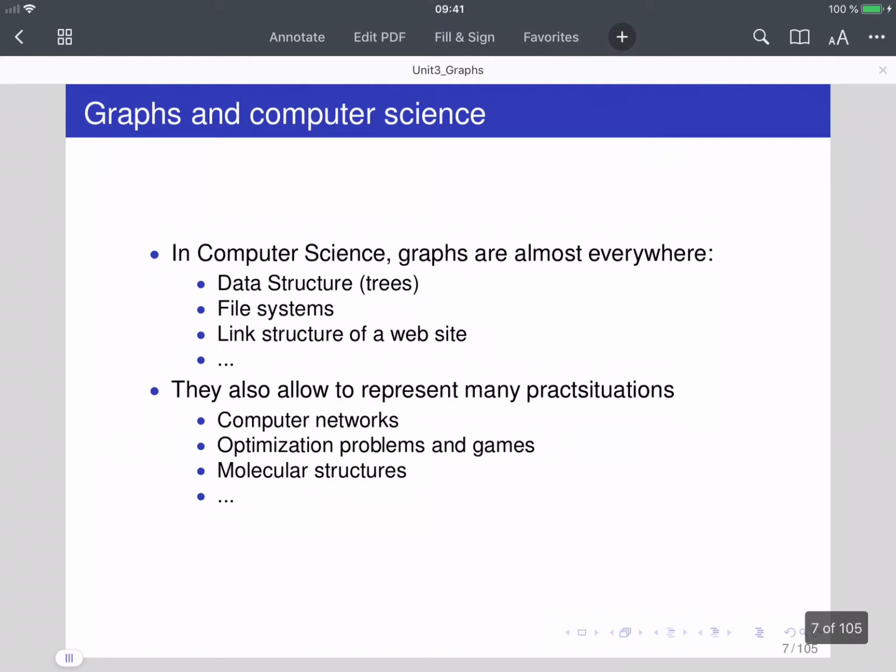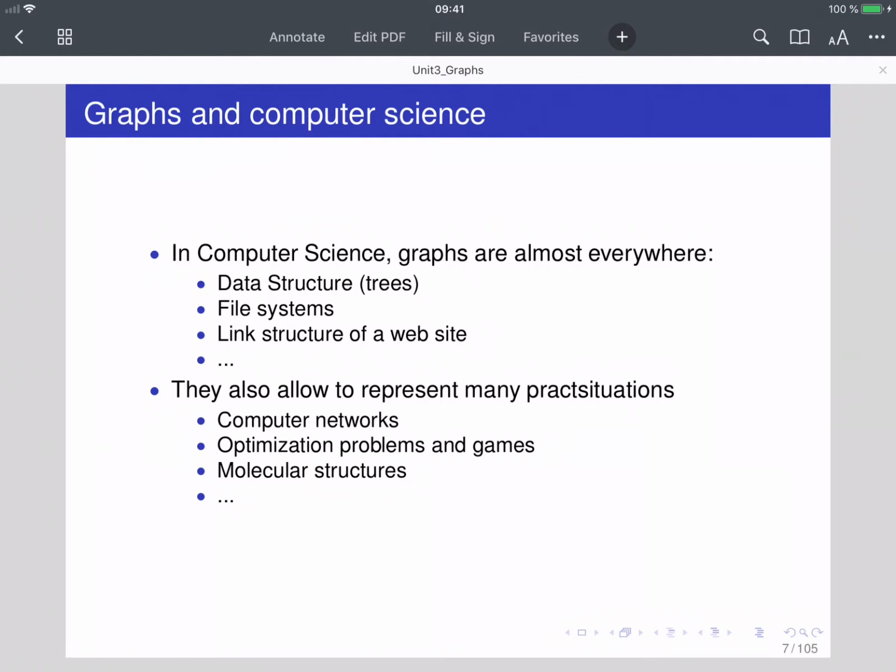Okay, so graph theory is going to be very important because it can be applied in many different situations. In computer science, we will find graphs almost everywhere, because, for instance, when you work with data structures, for instance with trees, those are graphs. When you are working with an operating system, you have file systems which are also connected.